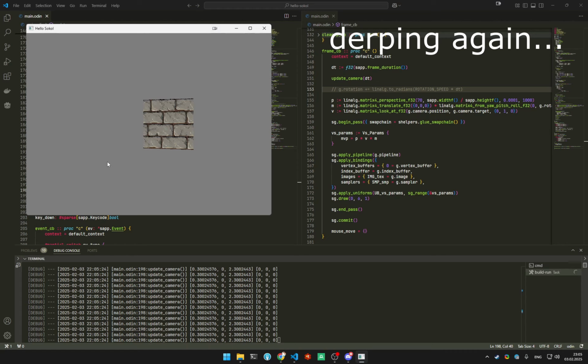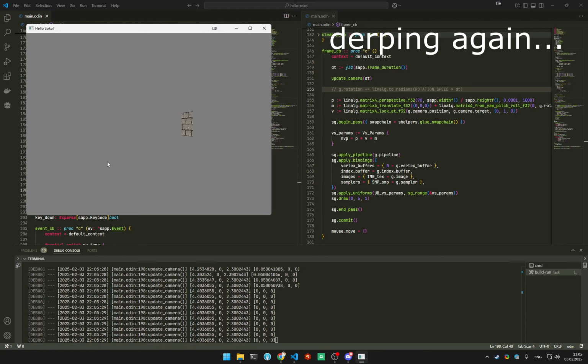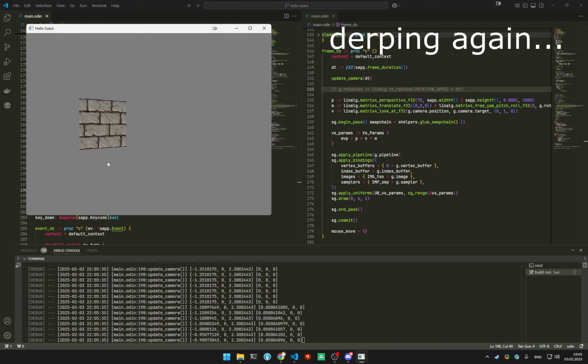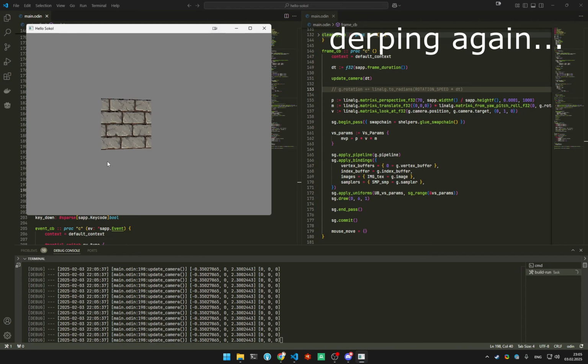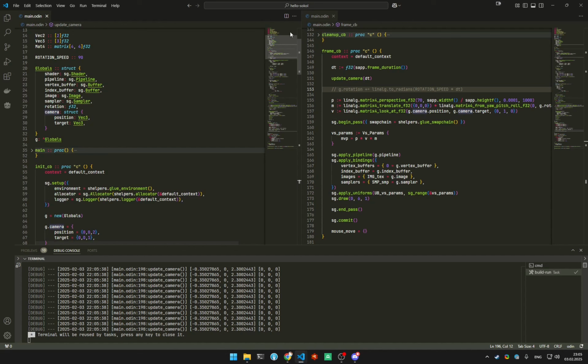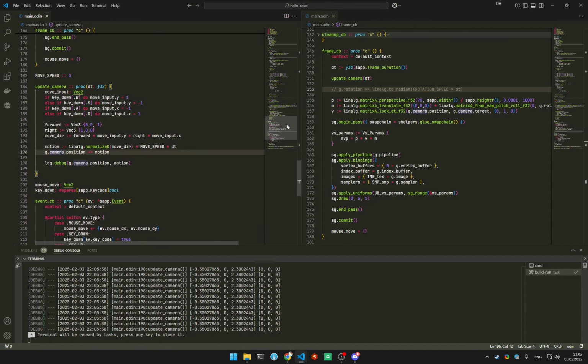When I'm moving left and right, the movement becomes kind of strange. Actually, it's not a problem. The problem is that we are changing the camera position, but the camera target is the same, so we are still looking at the same point.